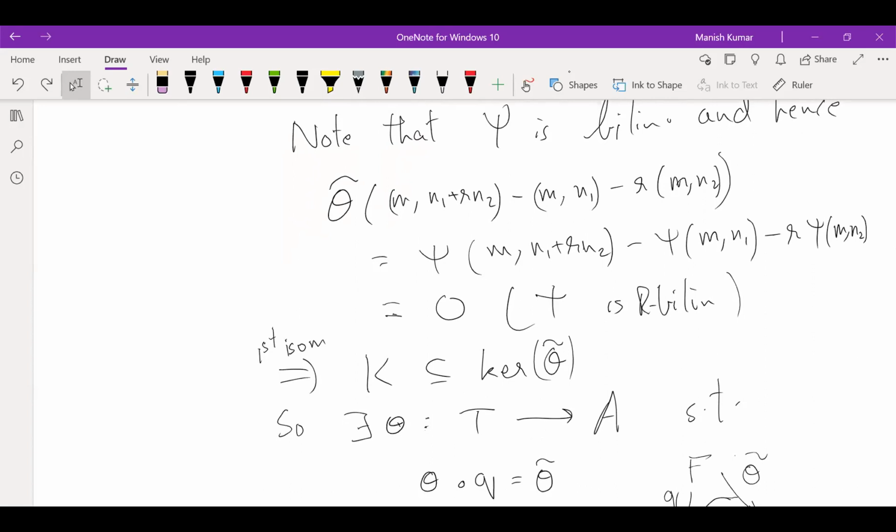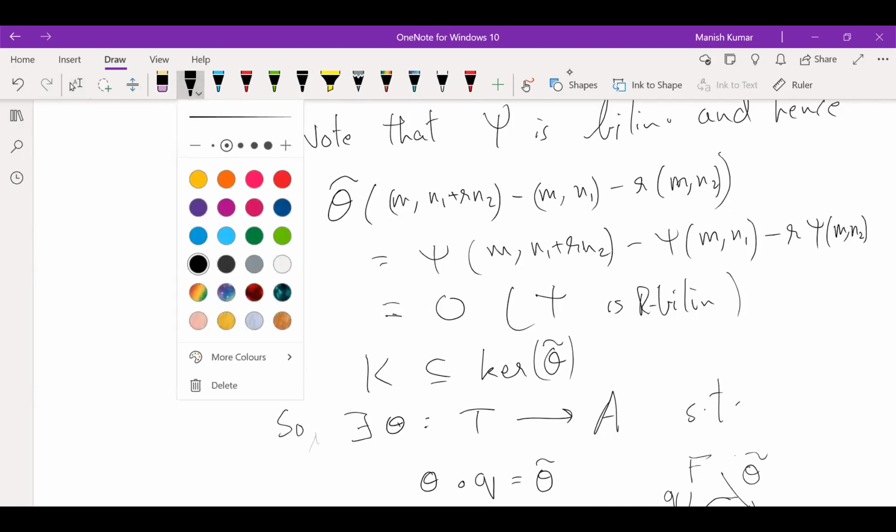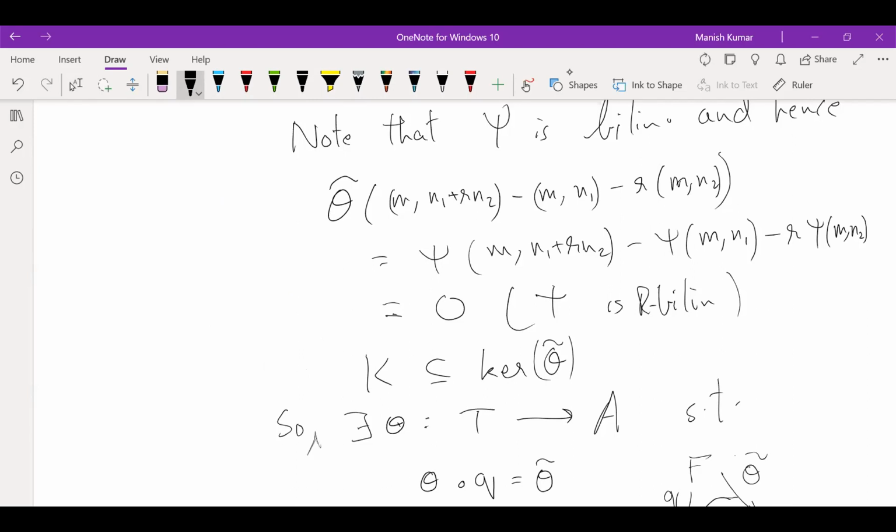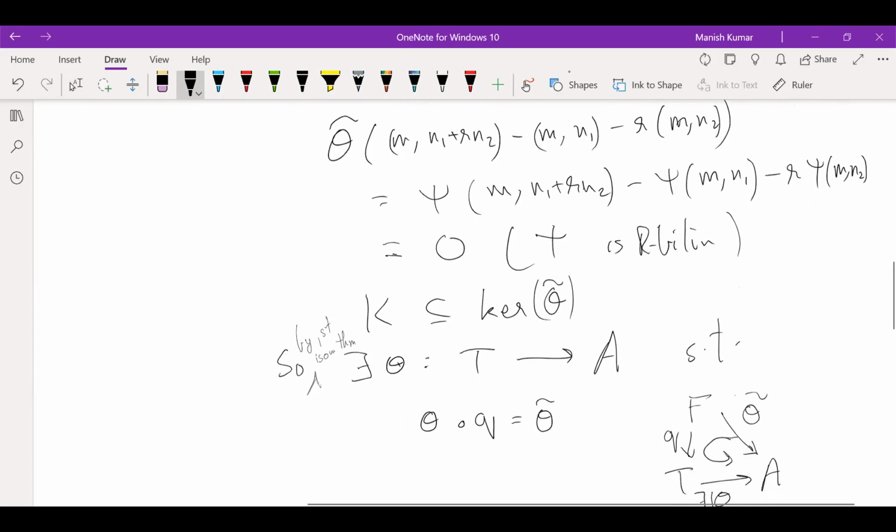The first isomorphism theorem doesn't imply that; this is the next statement. So by the first isomorphism theorem, there exists theta from T to A such that theta composed with Q is theta tilde.